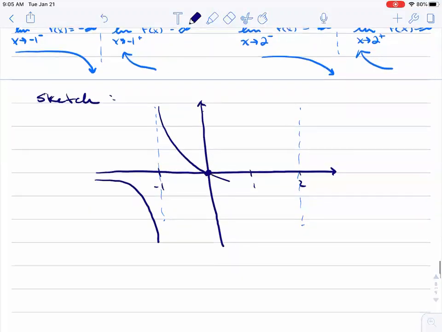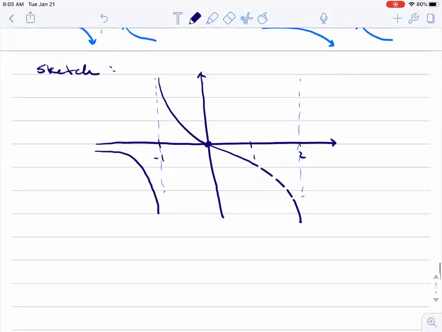And then it's going to go negative as we get closer to 2. And then at 2 from the right-hand side, we've got this positive infinite limit.